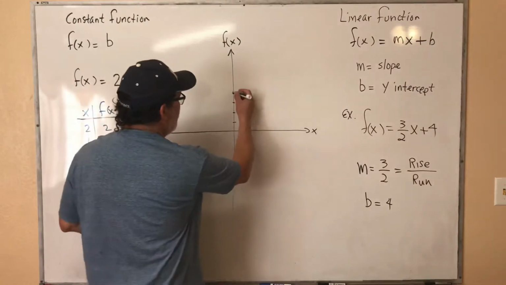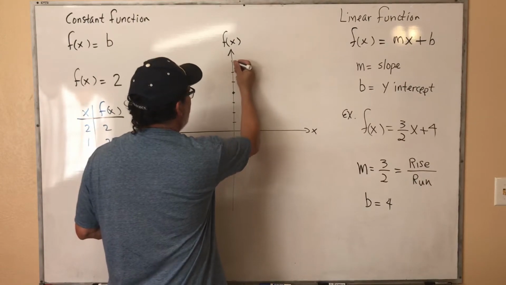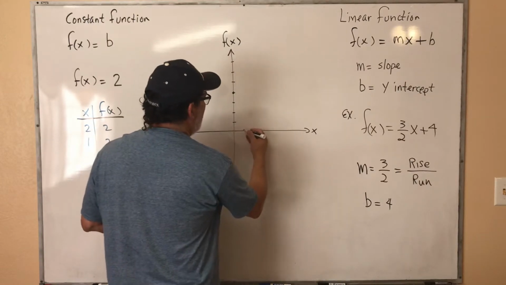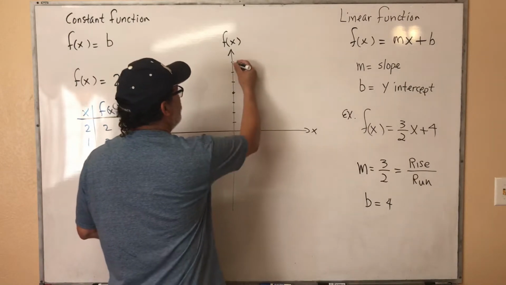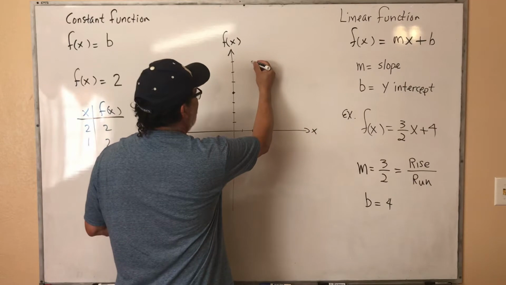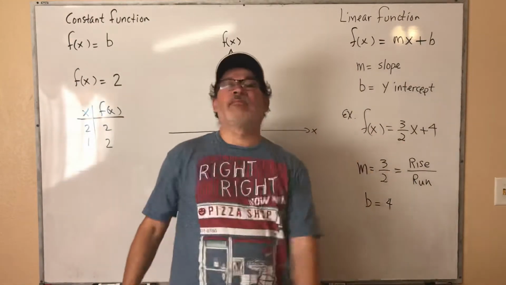I'm going to rise 1, 2, and 3, and run 1 and 2. So rise 3, run 2 right there.